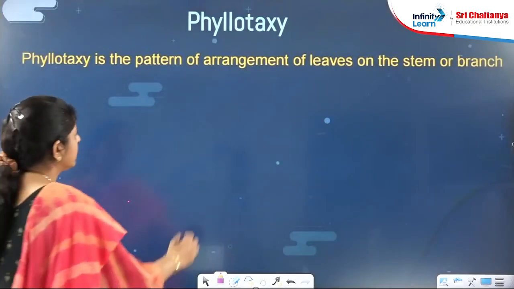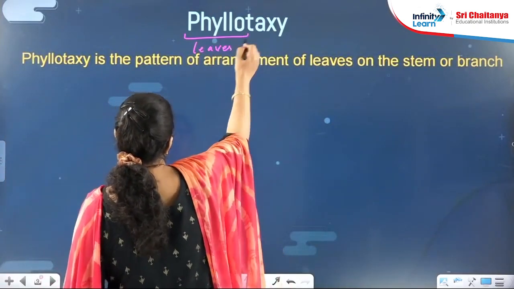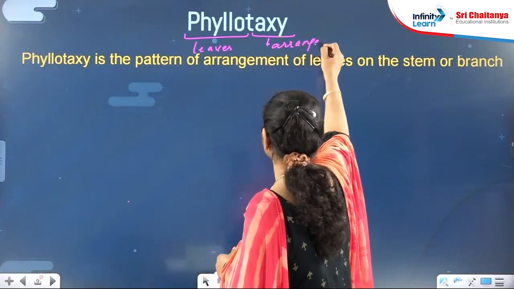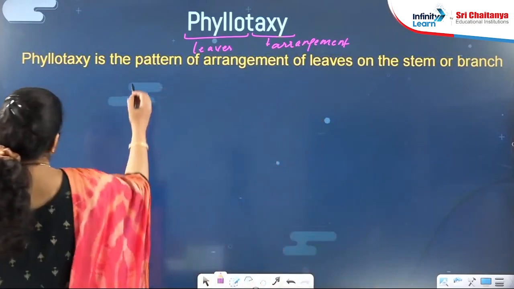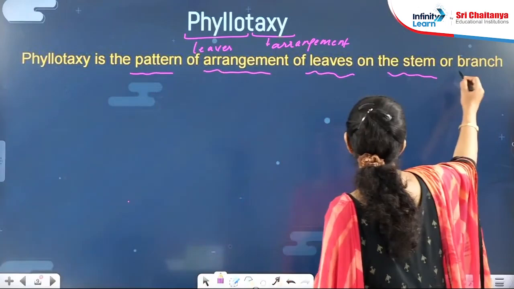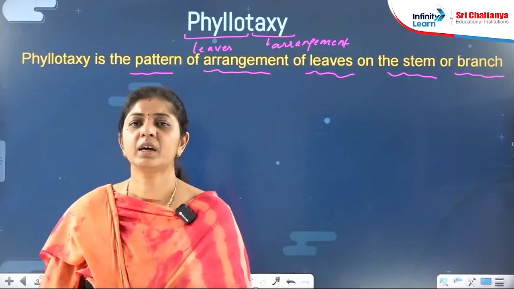See here, the word phyllo stands for the leaves. Taxis word means arrangement, right? So that's why the definition is, it is a pattern of arrangement of leaves on the stem or branch. How the leaves are going to be arranged.